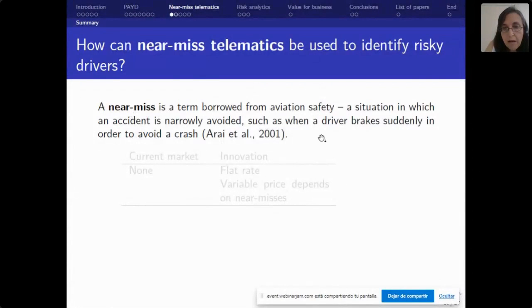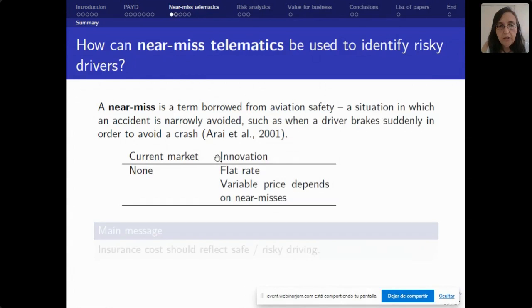For example, a brake that happens suddenly may not lead to an accident, but it's a dangerous situation. Of course, we have many, many more near misses than we do have accidents. So we have now a different phenomenon, and this phenomenon can be studied in a different way.